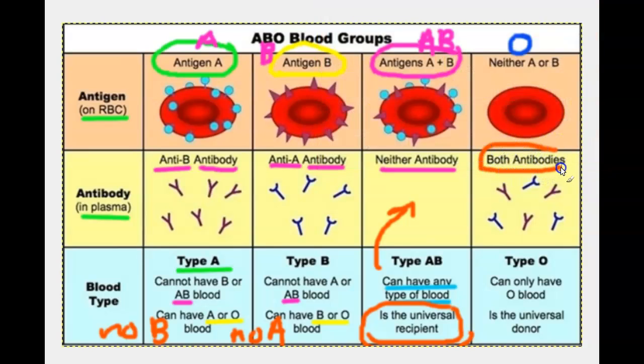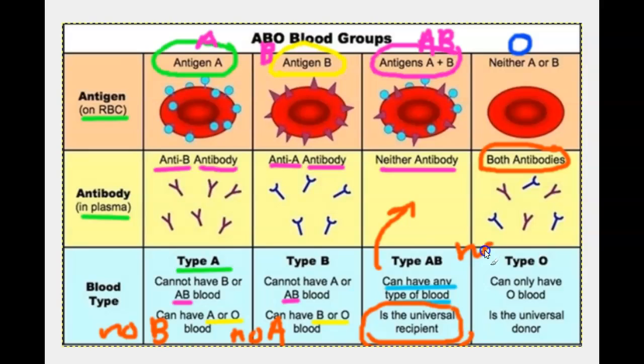Both antibodies. So they have anti-A and they have anti-B. So these cannot have A or B. No A and no B. That does not look very good.